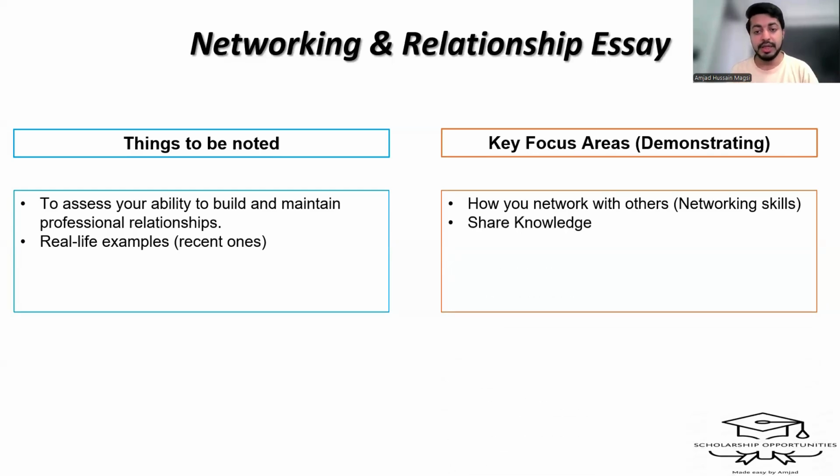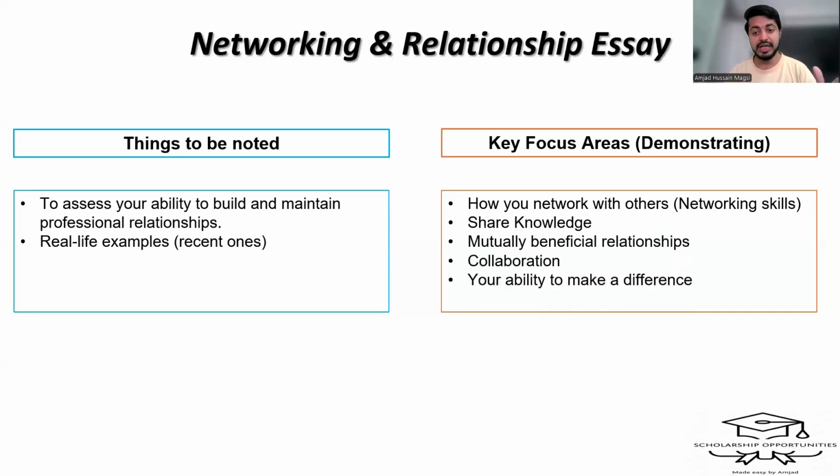Then sharing knowledge: if you have any network, what benefits and collaborations, what knowledge do you share with each other, and how you lead the network or organization. So mutually beneficial relationships, collaboration, and then your ability to make a difference. These are the key focus areas that need to be demonstrated in your essay.